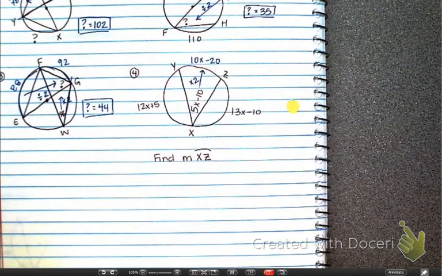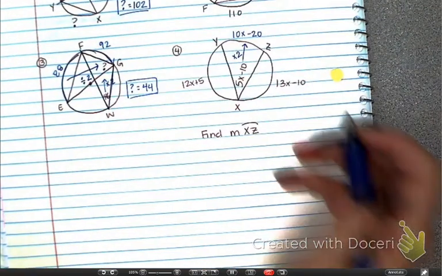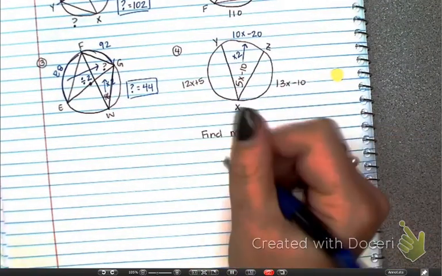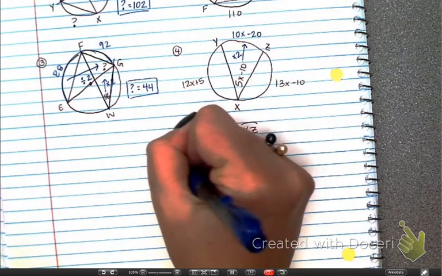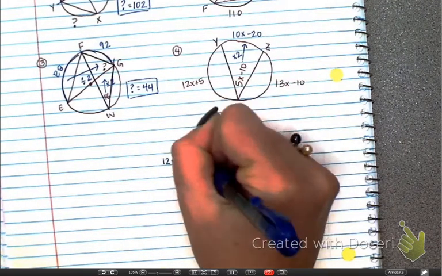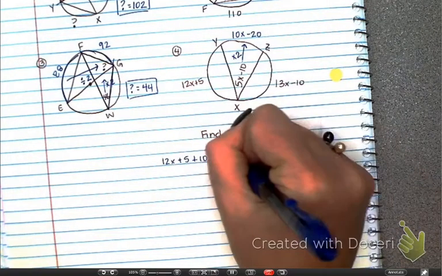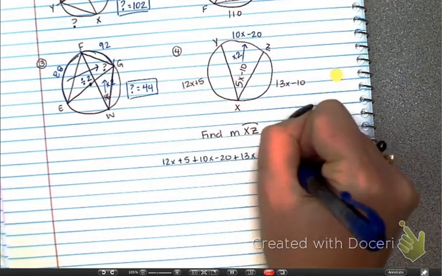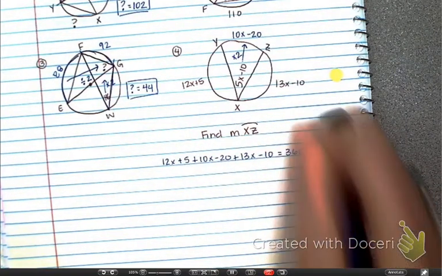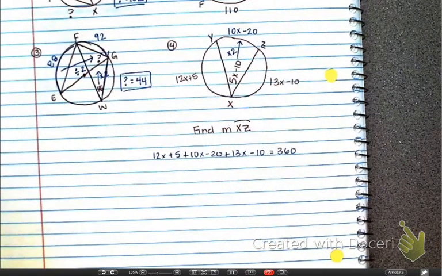At this point, I know every single piece of that circle. We also know that a circle equals 360 degrees. So 12x plus 5 plus 10x minus 20 plus 13x minus 10 equals 360. We need to combine like terms.